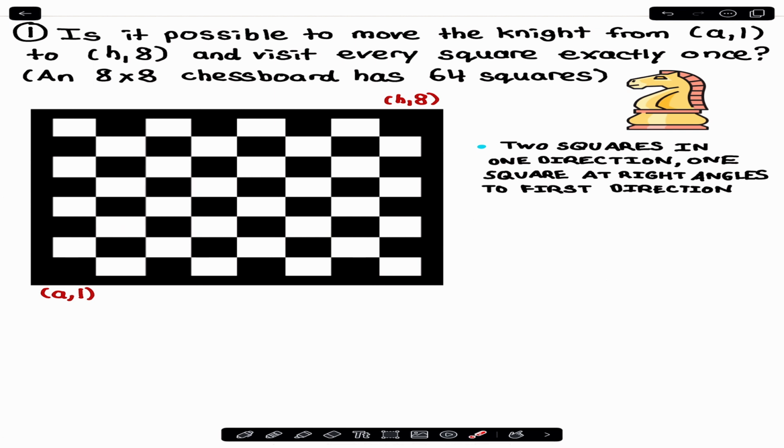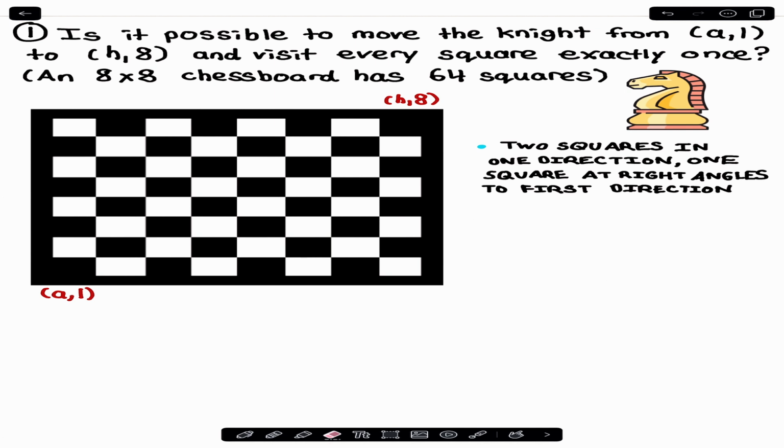So that's another possible knight move. Or we don't have to go 2 squares first and then turn. What we can do is actually go 1 square, turn, and then go 2 squares. But as you can see, with this move, we basically just end up at the same place as that maneuver. So it doesn't really matter whether it's like this or like this. Basically, the knight just moves in an L shape.